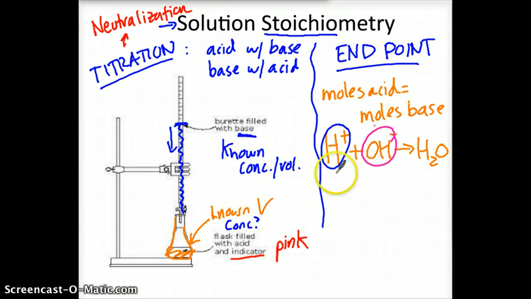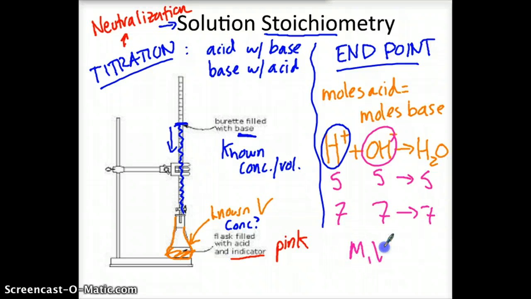So if you have 5 moles of each, you're going to make 5 moles of water. If you have 7 moles of each, you'll make 7 moles of water. So if we know that the moles of acid and base have to be equal, we can use that logic to determine concentrations using our good old formula, M1V1 equals M2V2.